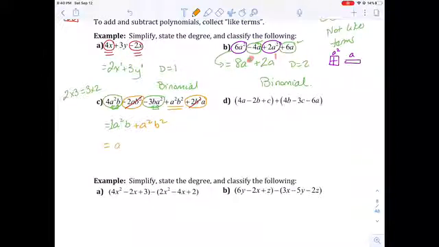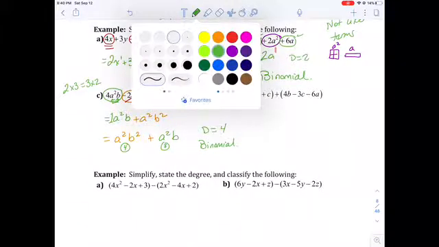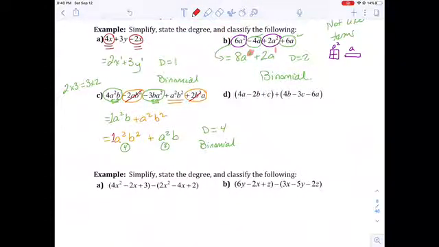We would write these in descending order, so I should write the a squared b squared first, plus the a squared b second, because the degree of this one is 4 and the degree of this one is 3. So my overall degree is 4, and that's a binomial. And remember, you don't have to put the ones in front. They're there, they're invisible. That's a 1, and that's a 1.